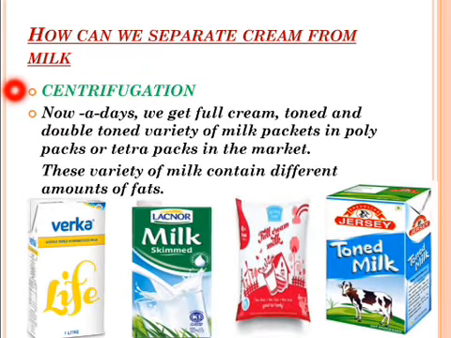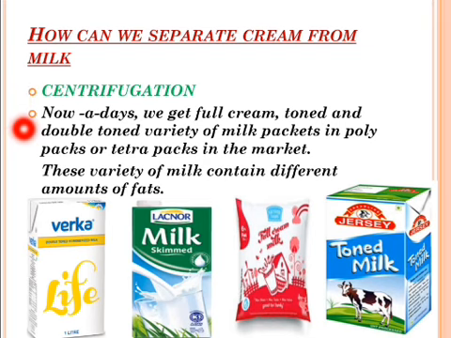Now let us learn about another technique of separation of components of a mixture: centrifugation. Students, you all like to eat butter or cream, etc. Butter or cream is obtained from milk.